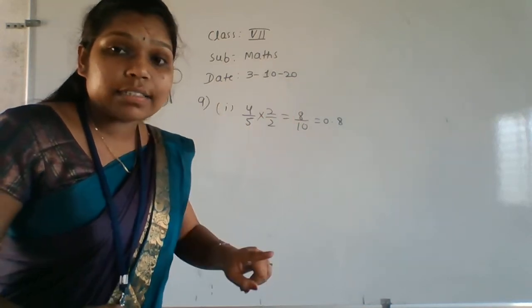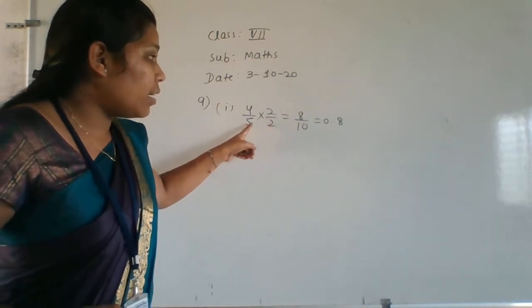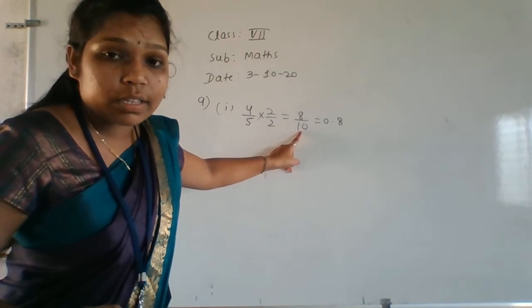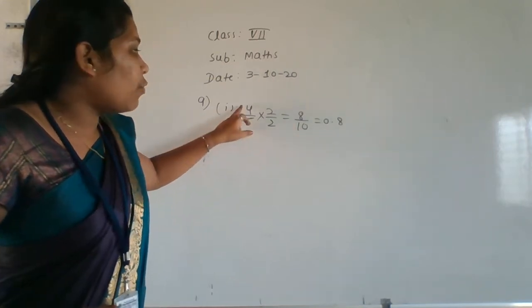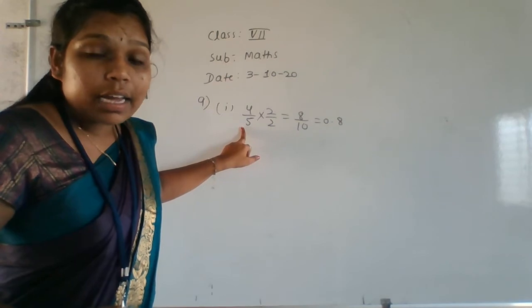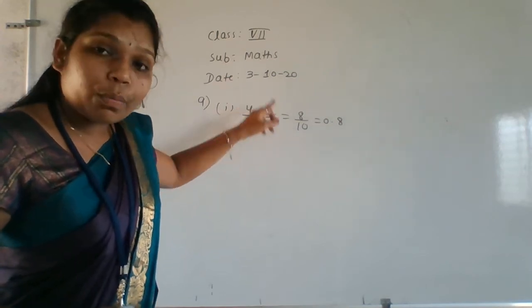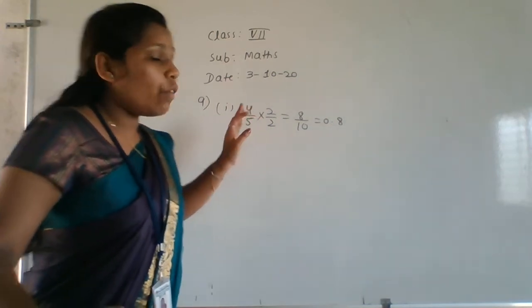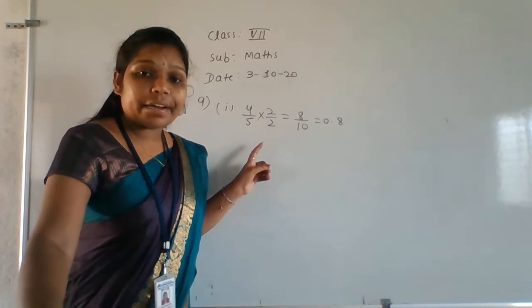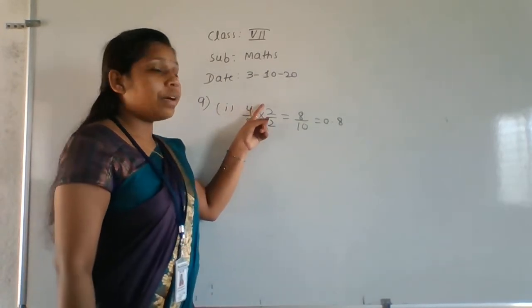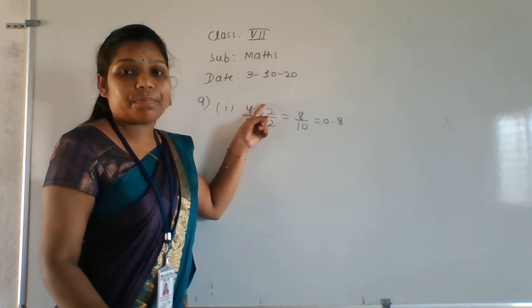So for that reason, convert this denominator in terms of 10, 100, 1000. Okay, so here 4 by 5 is there. So you have to multiply 2 by 2. When you are multiplying the denominator, you have to multiply the numerator also, otherwise it's wrong.